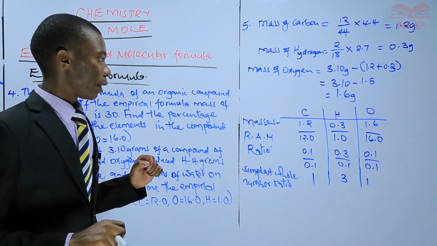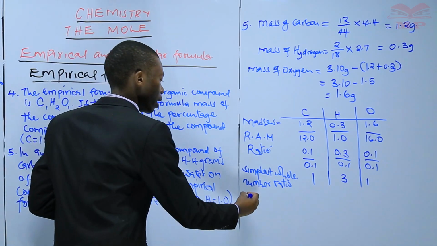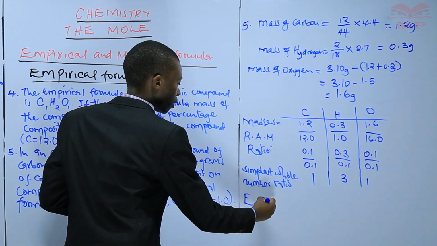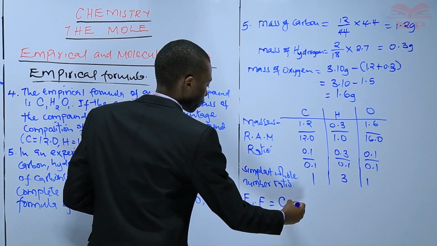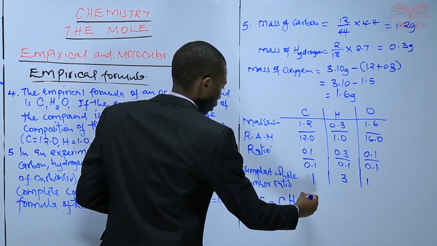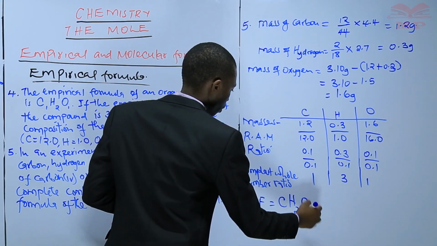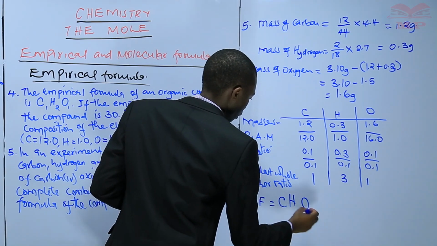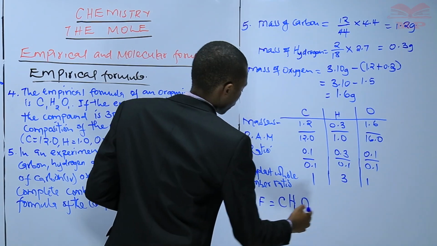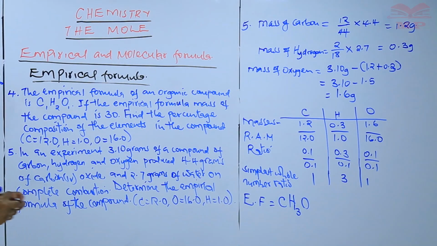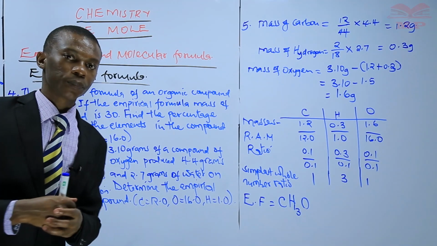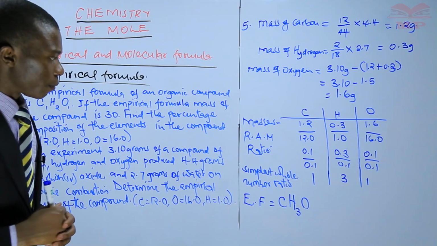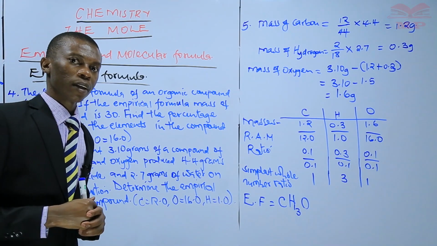Therefore, the empirical formula is CH3O. That is the empirical formula of the compound of carbon, hydrogen, and oxygen. It is that simple. That is how you're supposed to go about the 3 questions. If you have done them like that and gotten them, then well done.